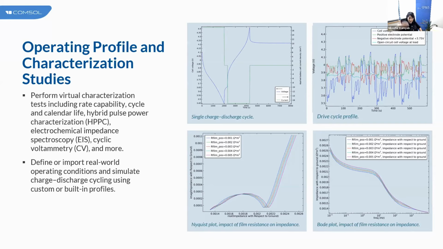At the end of the day, I keep saying this, virtual prototype or characterization, you get the full image here, that you get to apply any type of load profile that you have in actuality to your battery models and see how the cell behaves.